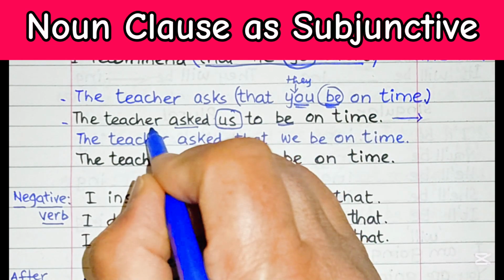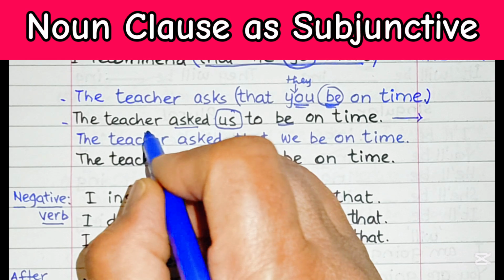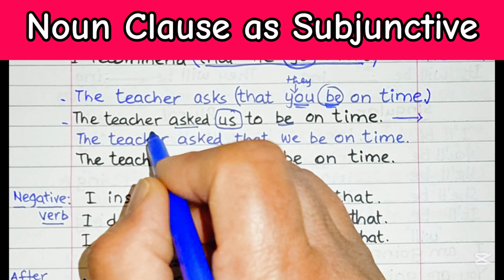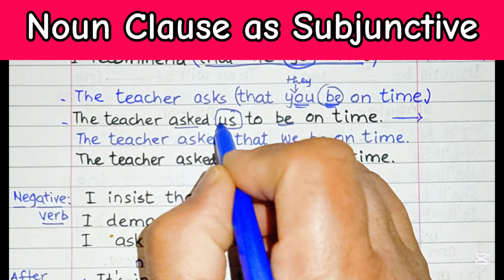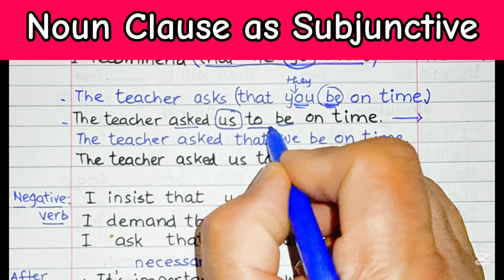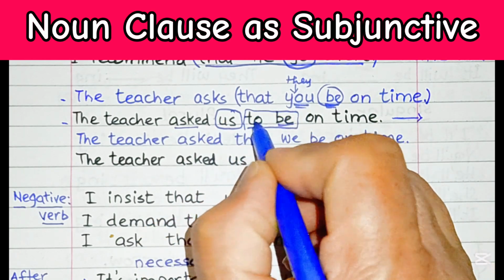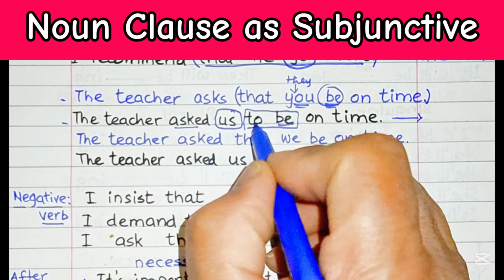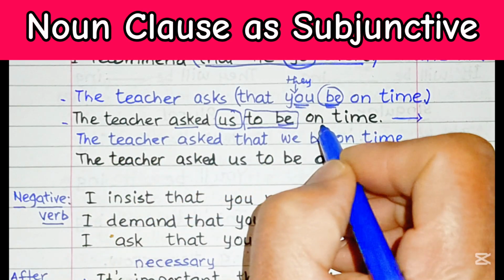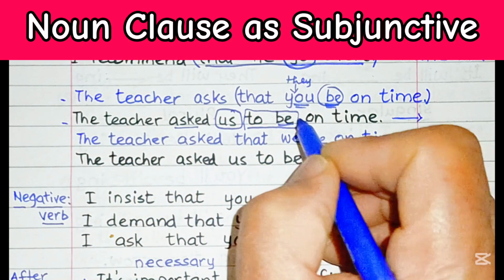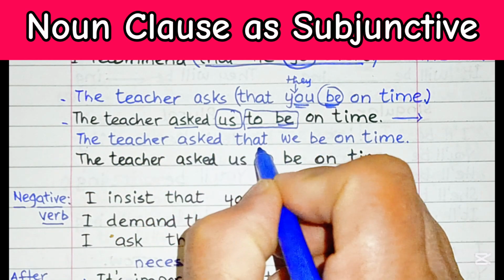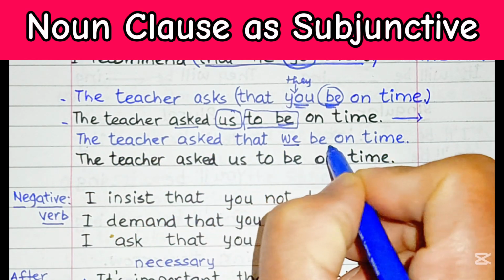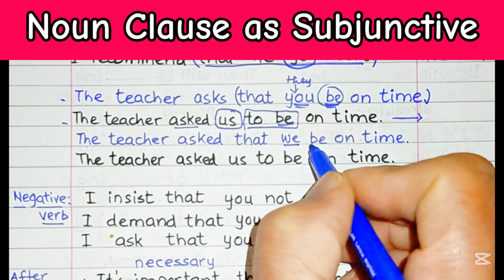This sentence is a simple sentence. You can simply use this sort of object pronoun and then the infinitive to be. This is the infinitive to be. The teacher asked us to be on time. The teacher asked that we be on time. This is another structure.